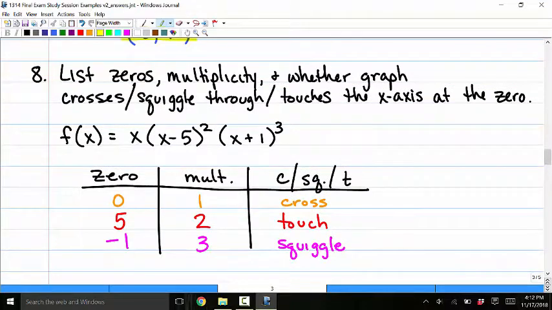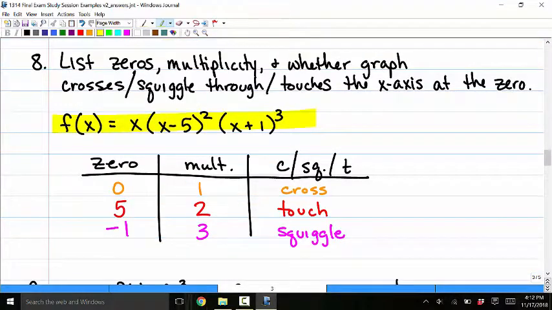Number 8, list the zeros, their multiplicity, and whether the graph touches, squiggles through, or crosses the x-axis at each zero. Here's our function. It's already in factored form, and you can get the zeros by setting each factor equal to 0.